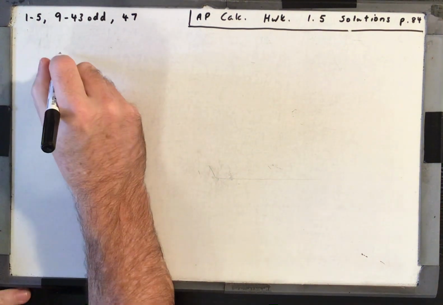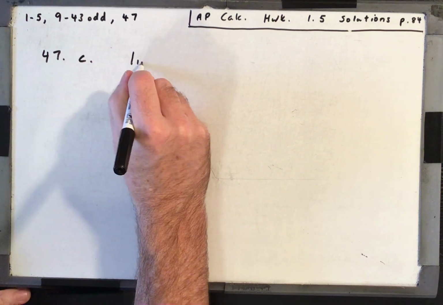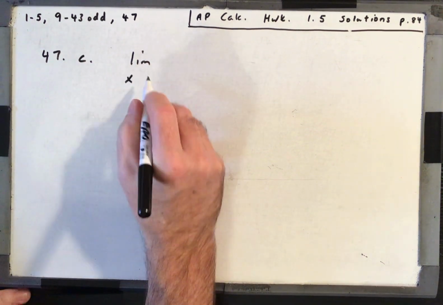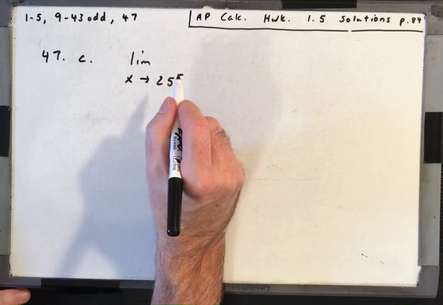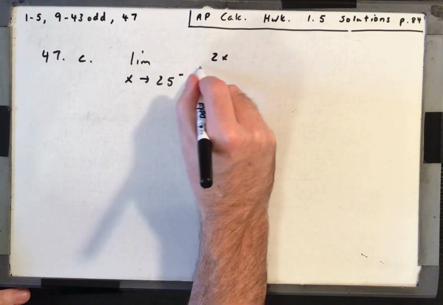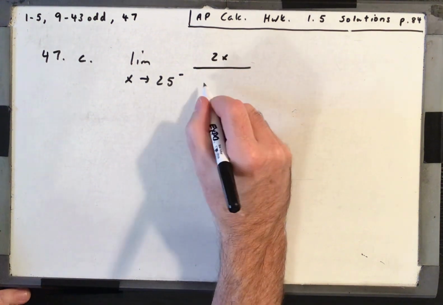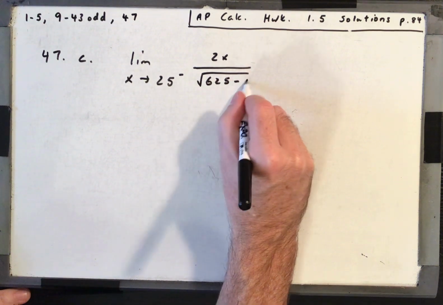Okay, we want to take the limit, so still number 47, part C. Take the limit as x approaches 25 from the left of 2x over the square root of 625 minus x squared.